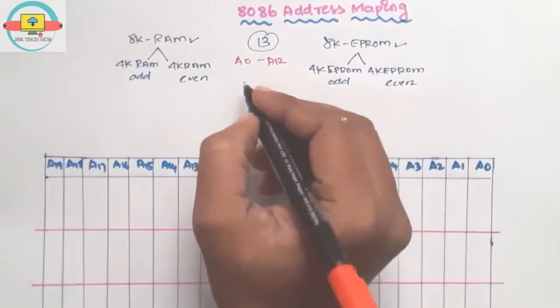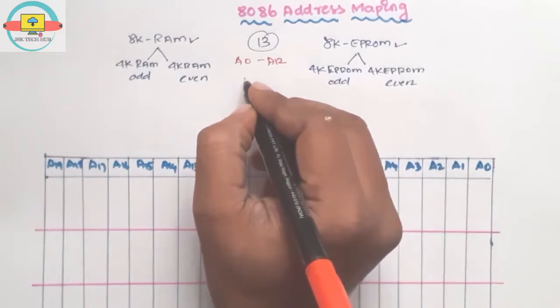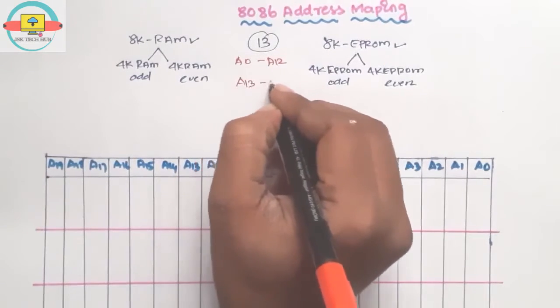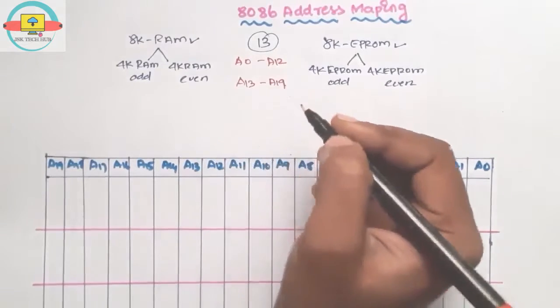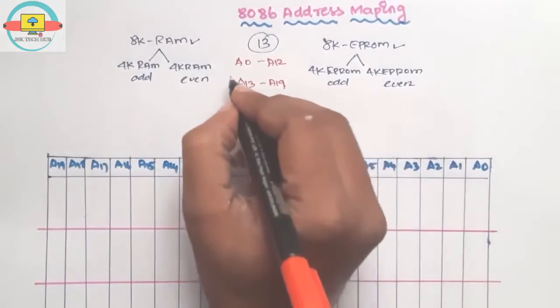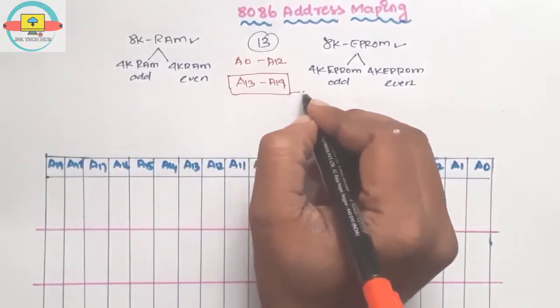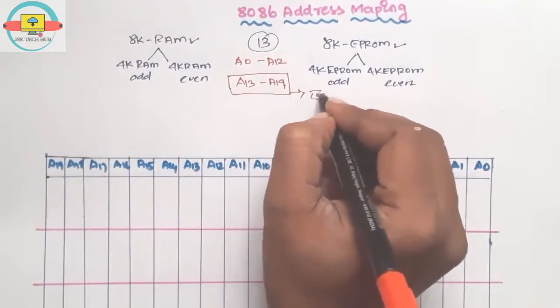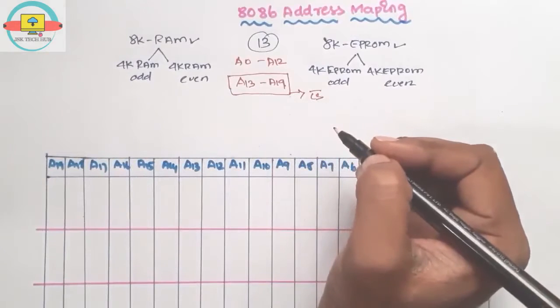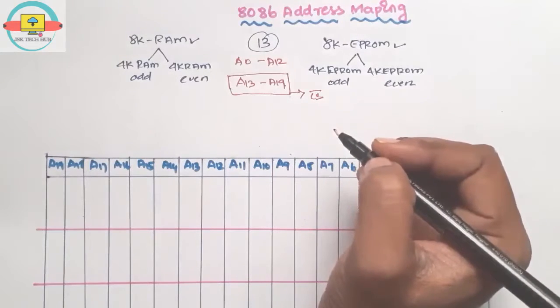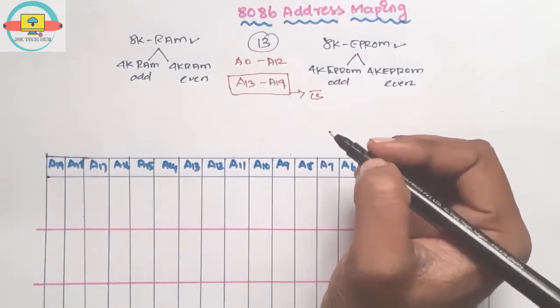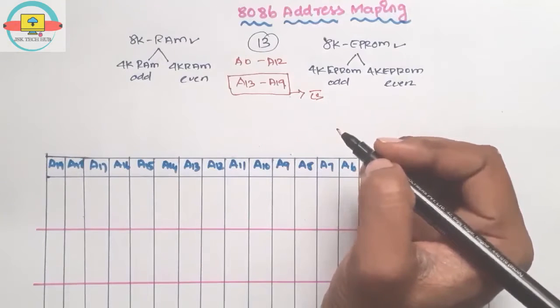Apart from A0 to A12, my processor has A13 to A19. Here we are going to use these address lines for generating the control logic signals to activate the chip select signals available in the individual RAM and ROM type memory.